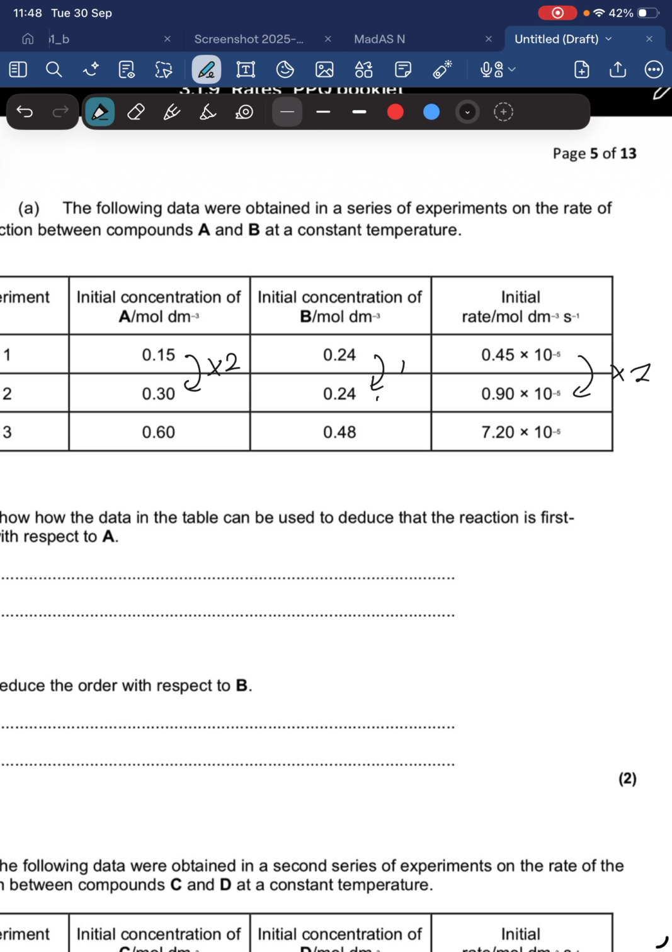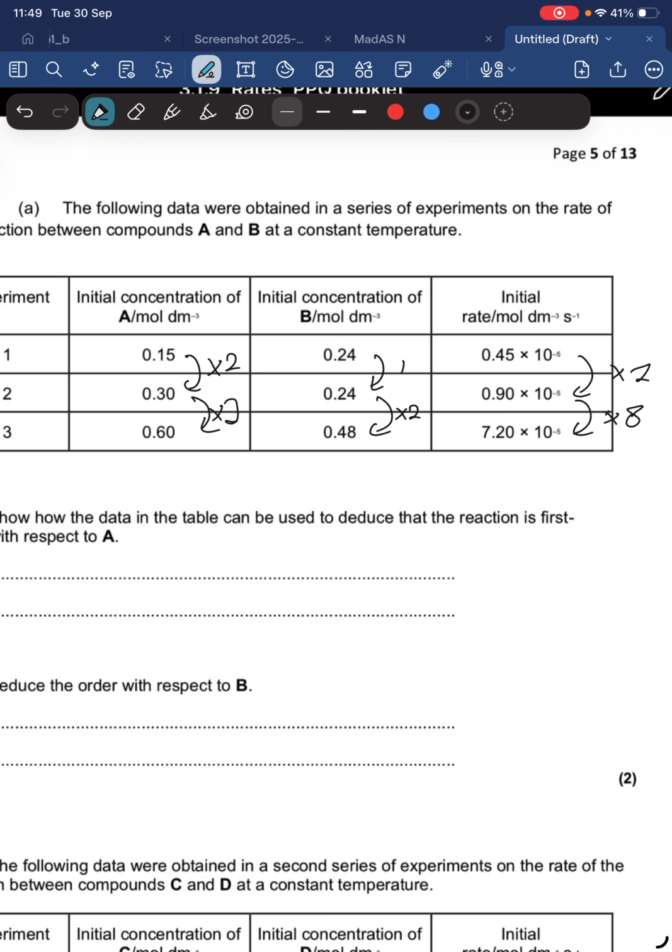Now, when this doubled, okay, what happened is this times by 8, however, this also doubled by 2. So, if we assume this is first order, because it kind of shows that it's first order, this doubled, and that doubled, and 2 equals 2, which is 1 equals 1, which shows this is first order.